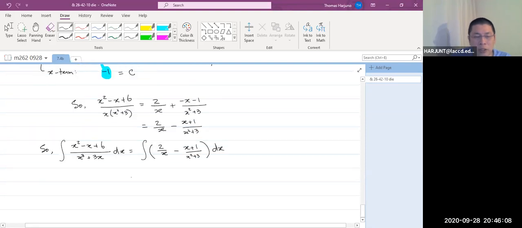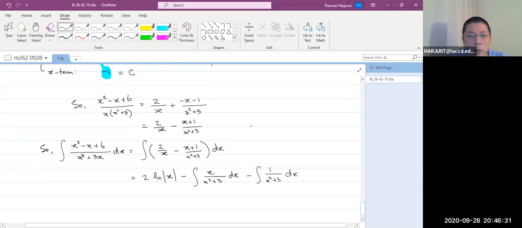Okay, which equals 2 natural log of absolute x minus, unfortunately, I don't know how to integrate this until I separate them. Now from here, the better you memorize, the better.